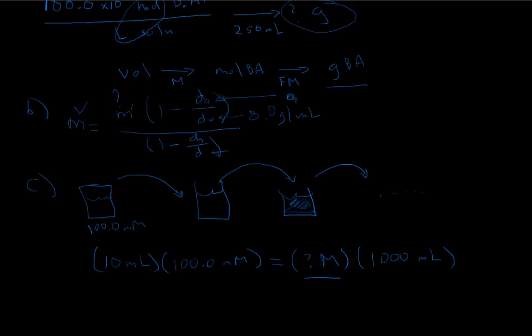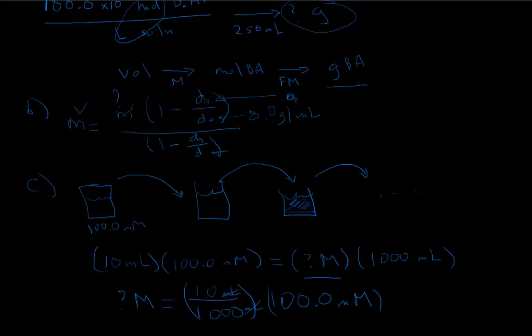Solving for the new molarity, it's going to be 10 times 10 divided by 1,000 times 100.0 millimolar. I have canceled out the milliliter units next to the 10 and the 1,000 when I divided through by 1,000.